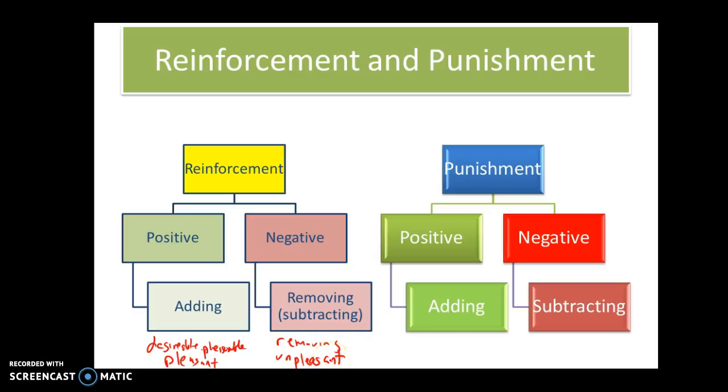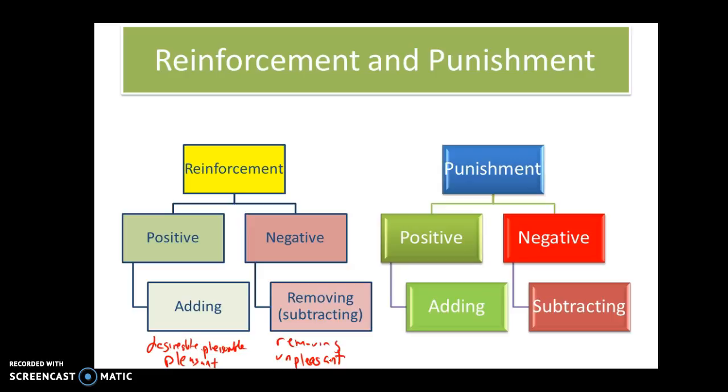In positive punishment, we're going to move over to the punishment side. Again, if my dog was breaking into the garbage can and spilling over the garbage, and I wanted that behavior to stop because I didn't want to come home to a kitchen full of garbage, and I didn't want my dog to get sick by eating some of the garbage, I wouldn't give my dog a treat as it was doing that.